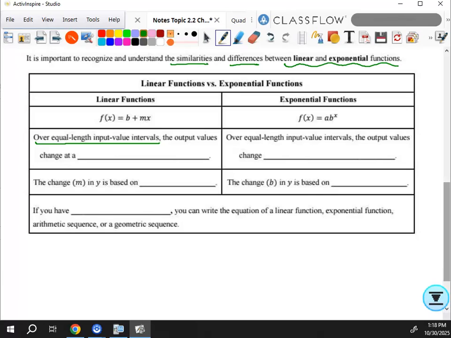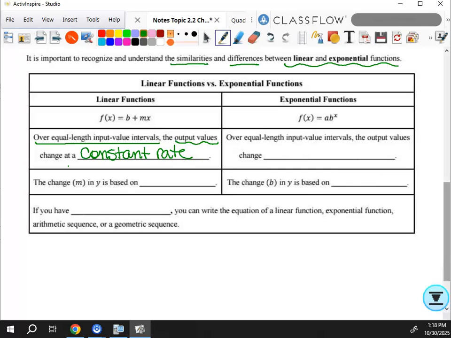Over equal length input value intervals, the output values change at a what for linear? How do the output values change? Constant. Good. Change at a constant rate. Okay.